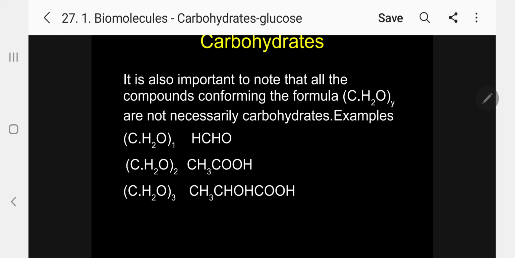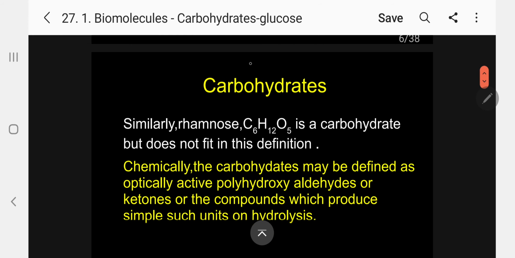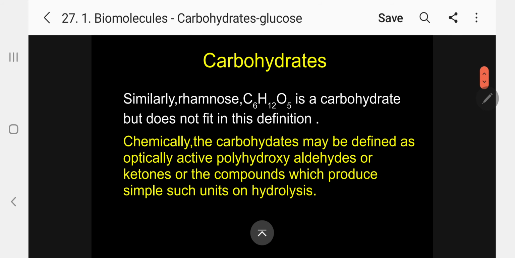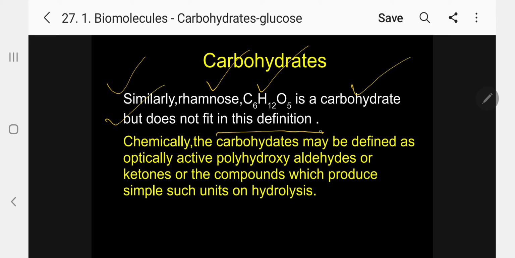And now I want to give another example, that is rhamnose, a carbohydrate. The formula is C6H12O5. That is not obeying Cx(H2O)y, but still it is a carbohydrate. Please follow. But it does not fit in this definition, this Cx(H2O)y condition.